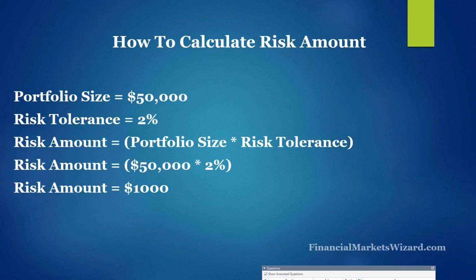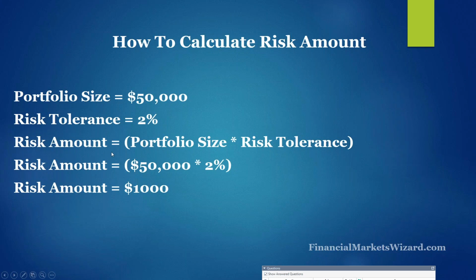Let me give you an example of how to calculate the risk amount, how much you're willing to risk. For instance, if your portfolio is $50,000 and you say, okay, I am willing to lose 2% of my portfolio in all the trades.